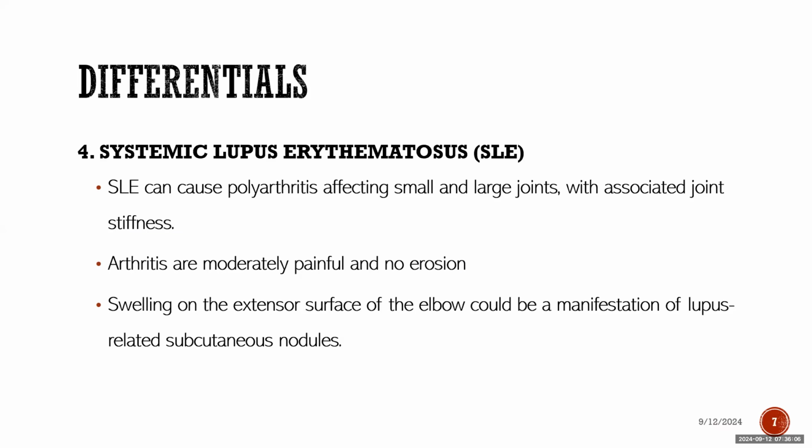Then systemic lupus erythematosus could also be part of it. It could affect multiple joints, polyarthritis of both small and large joints, and also with stiffness. However, it has the pain occurring more moderately, and when we do the x-rays, we might see no erosion. So you could also have subcutaneous nodules from the lupus on the extensor surface of the elbow.